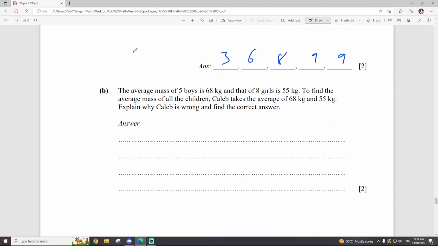The average mass of 5 boys is 68 kg and the average mass of 8 girls equals 55. Caleb takes the average. Why is Caleb not correct? Okay. Well, it's because the number of boys and girls is different now. Okay.